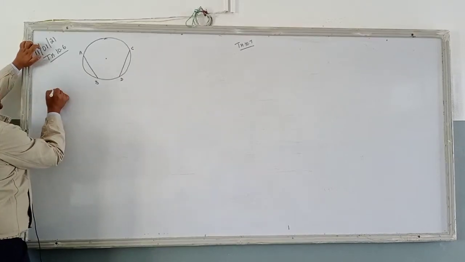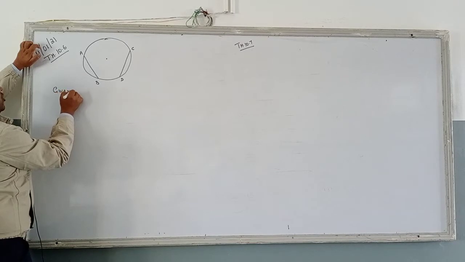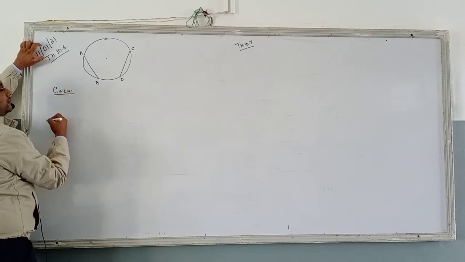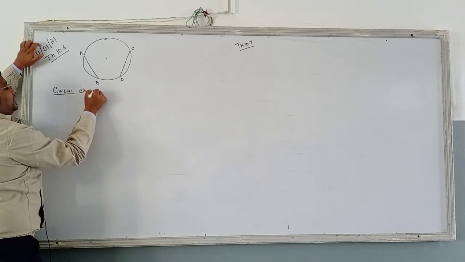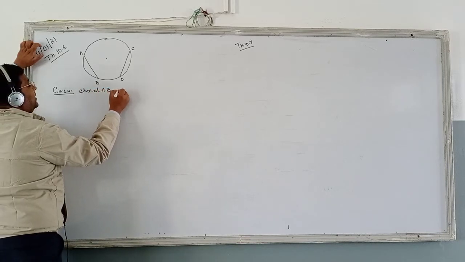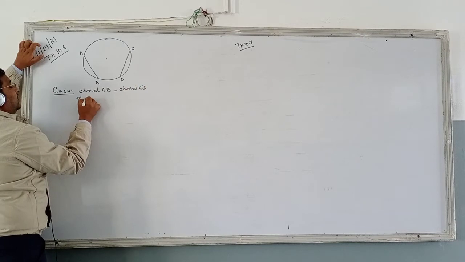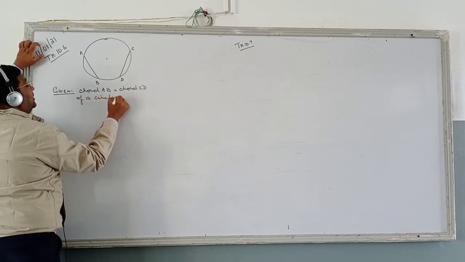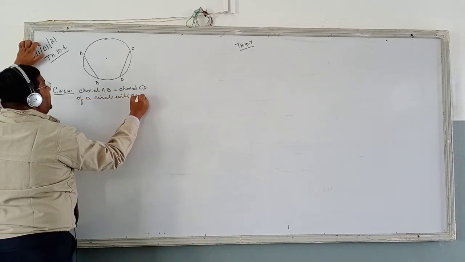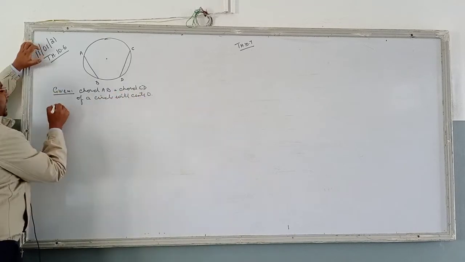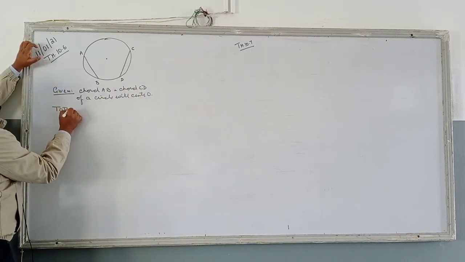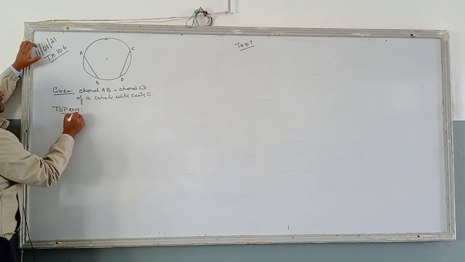Both these chords are equal. We are given that chord AB is equal to chord CD of a circle with center O, and we have to prove that they are equidistant from the center.